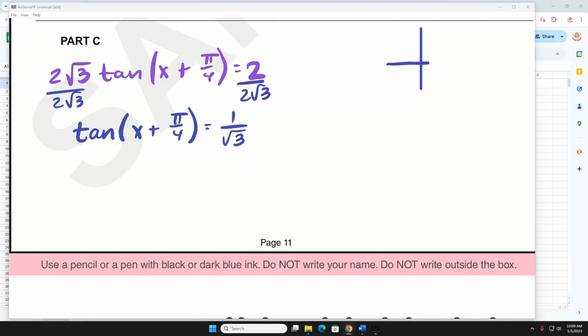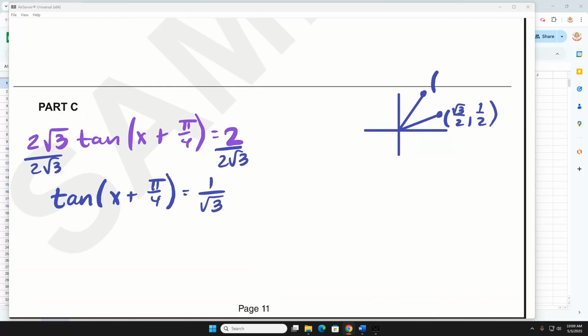I'm going to draw a couple of angles on the unit circle that have the square root of 3 in one of the coordinates. So for this one, that's pi over 6, I moved over more than I moved up. So that would mean the square root of 3 over 2 is my x, and 1/2 is my y. And then just the opposite on the other one, I moved up more than I moved over. Okay, so that's a small portion of the unit circle that I need you all to see so I can talk about it. If I do a tangent from the unit circle, what do I do? Sine over cosine or y over x.